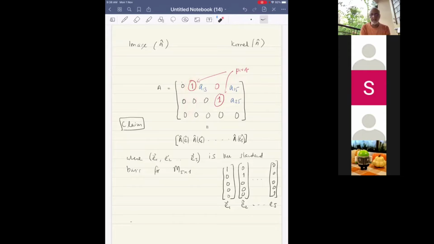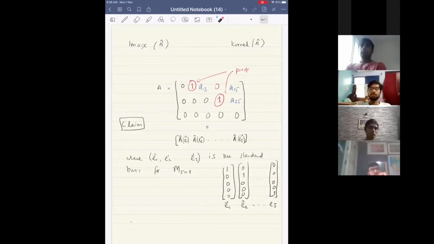This has nothing to do with matrices in row echelon form. Supposing I'm given any matrix, this is the case. If you look back at your notes, I have said that there is something called block multiplication of matrices, and this is an example of that. Is my claim clear?